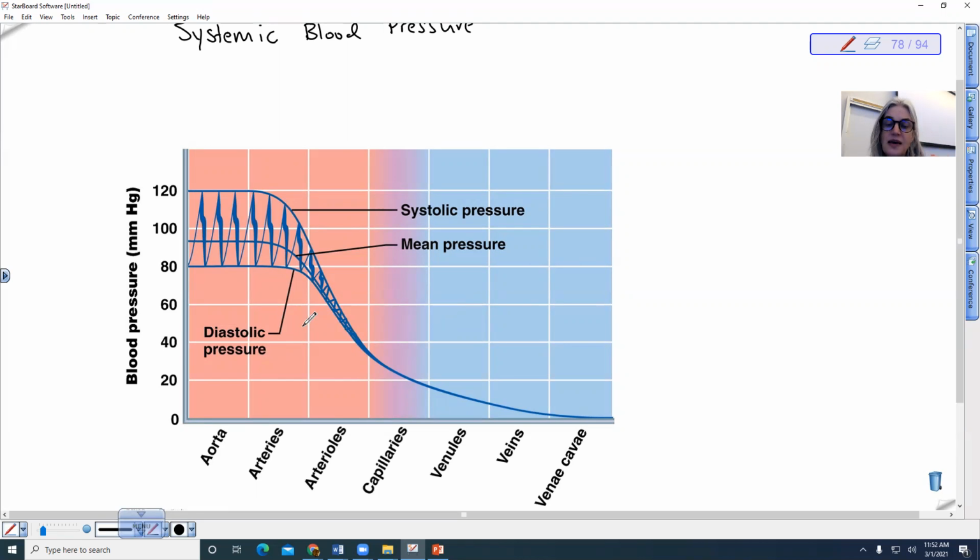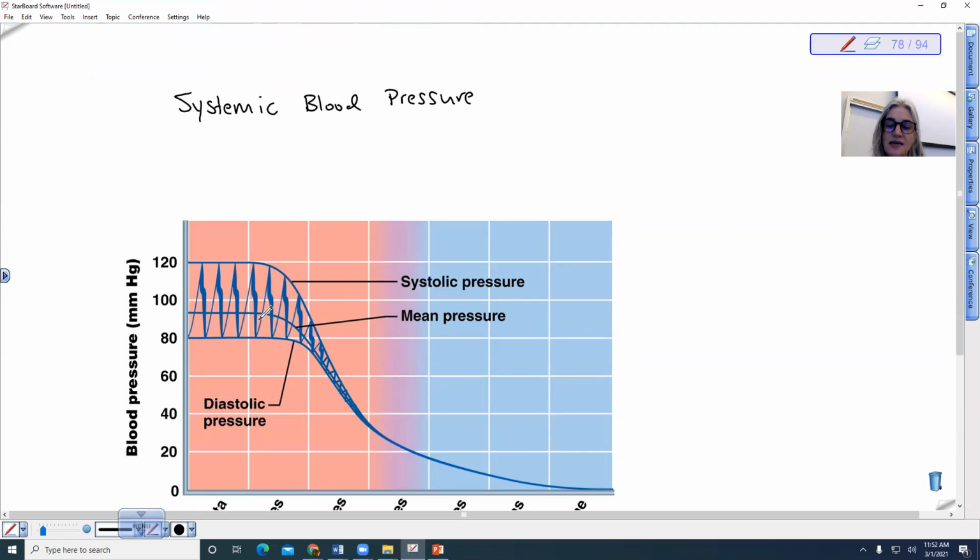So the important thing here is to realize that the systolic and diastolic pressures only exist here in the arteries. And so we can talk about what is called the mean arterial pressure, abbreviated as MAP.